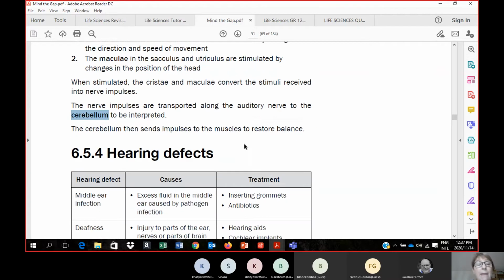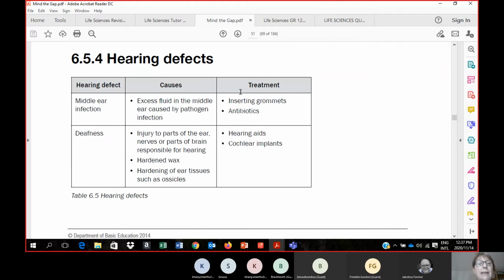Okay, then you need to know something about hearing defects. Sometimes if you've got a really bad cold, for example, there's a lot of mucus that builds up in that eustachian tube, right? And it can also cause some of those bacteria to go into that middle ear cavity, and it's going to affect hearing and so on.